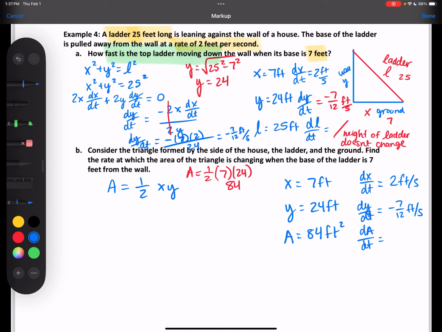All right, so now I need the derivative, but what is this? A chain rule? It's a product rule. So dA/dt is equal to, what?